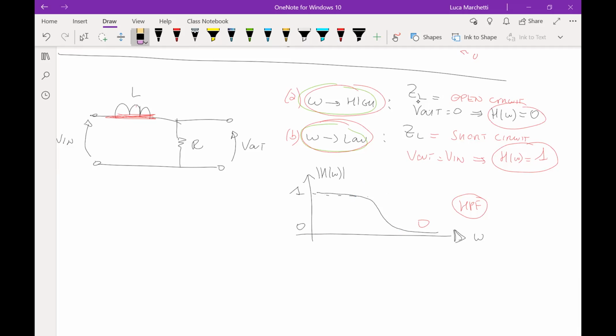So this method is quite useful when the circuit has one reactive component, and when the circuit is relatively simple. When instead we have a more complex frequency response, like this and like this, I cannot use this method, right? Well, as I will show you, we need another tool to predict the frequency response.